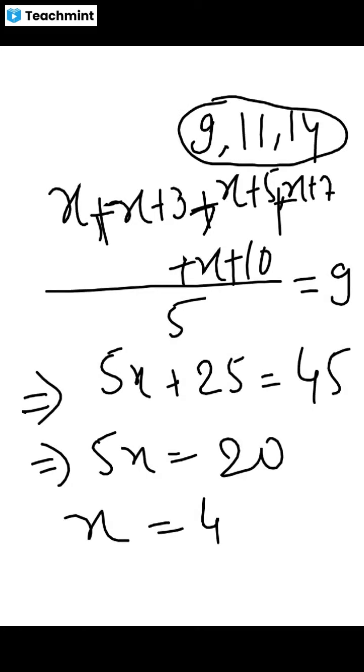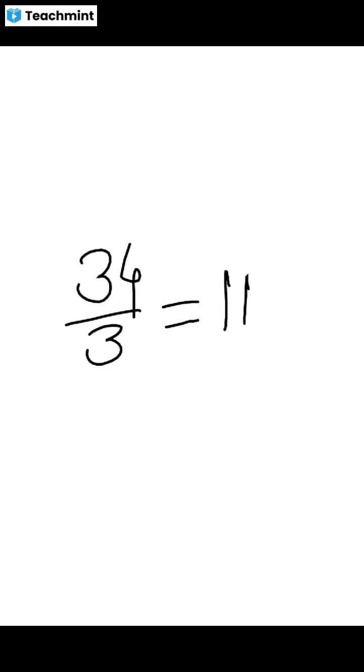So what will be its mean? 9 plus 11 is 20, and 20 plus 14 is 34. 34 divided by 3. So this is equal to 11.33. Am I correct? 11.33. Didn't you get this answer?